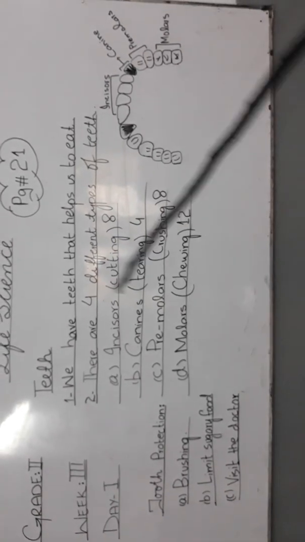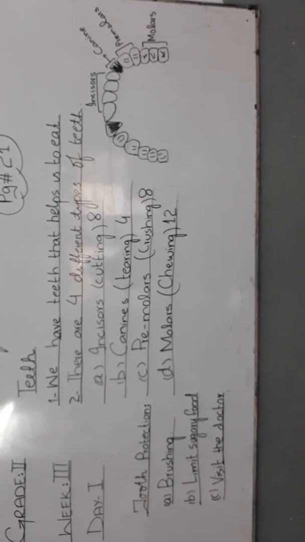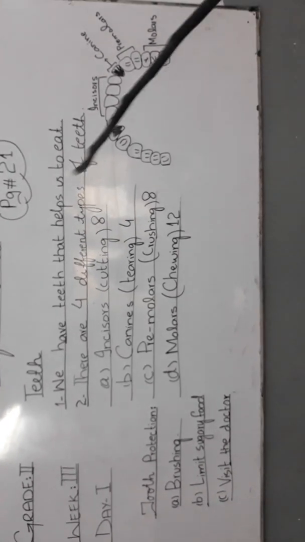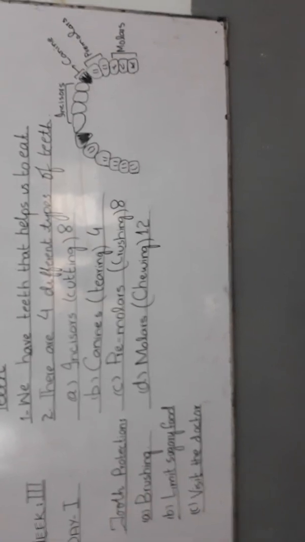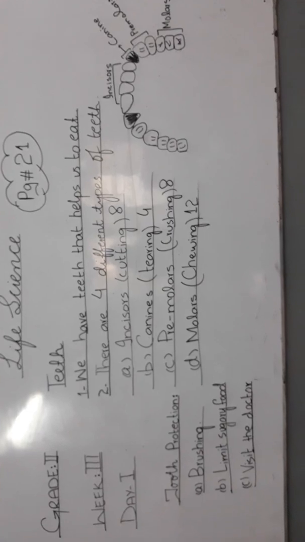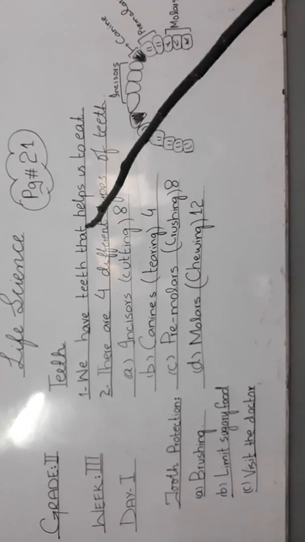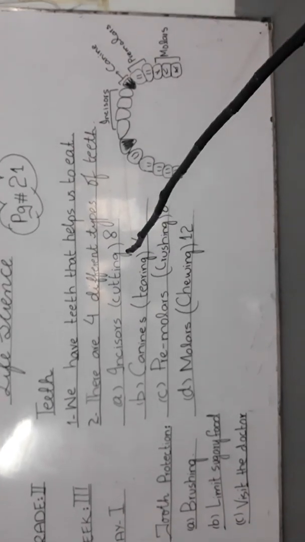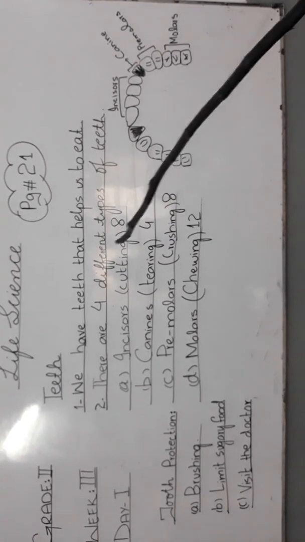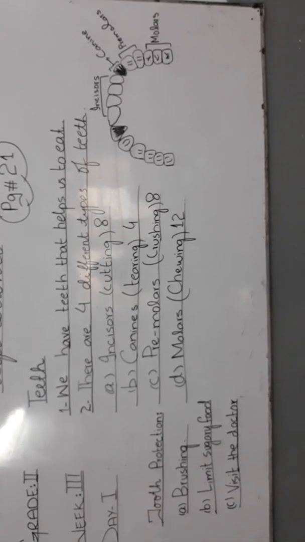Their function is to cut food, just like we cut cloth with scissors, so that it can be broken into smaller pieces and becomes easy for us to swallow or chew. How many incisors are present in our mouth? 8.